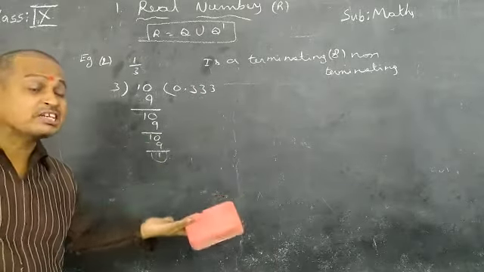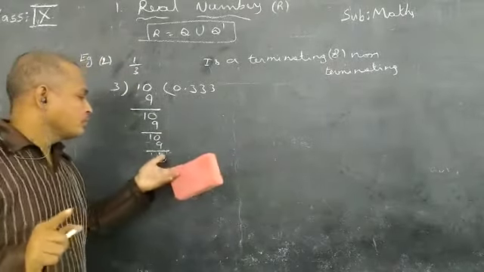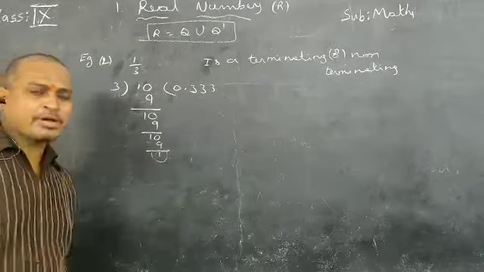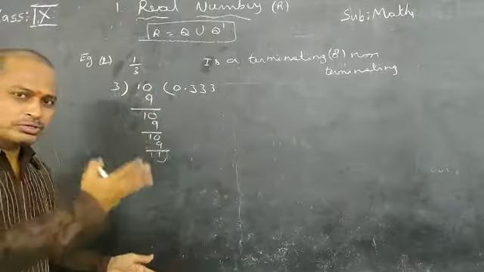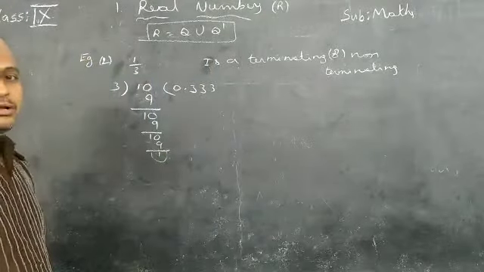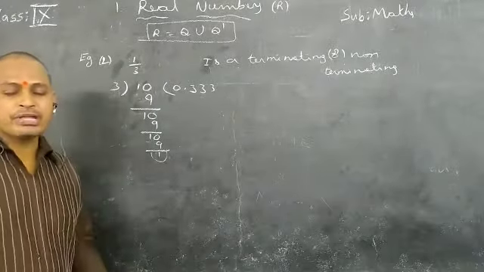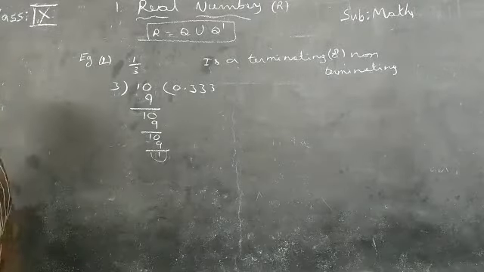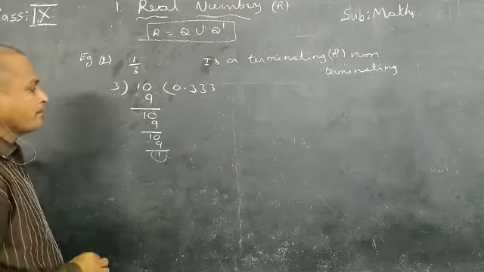A repeating decimal is a non-terminating decimal, children. We should observe the non-terminating decimal. If the remainder becomes 0, it is terminating. But if the remainder keeps going on, it is non-terminating. What about non-terminating decimals? A decimal number for which the division process does not terminate is called a non-terminating decimal.